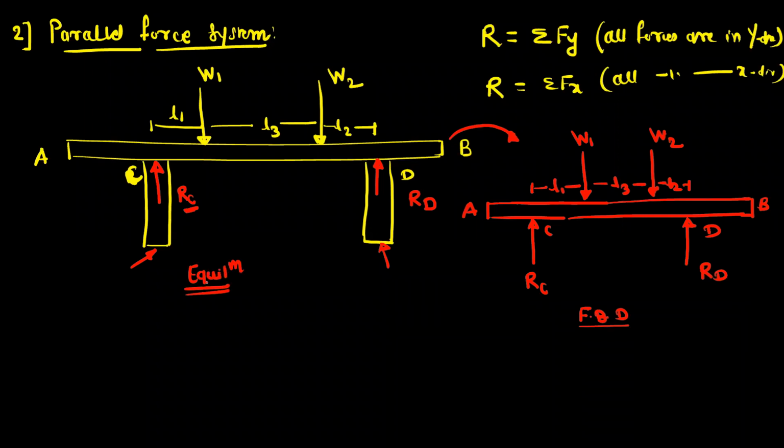Okay. So in order to maintain that equilibrium, we need to make this R equal to summation Fy equal to 0. So the basic concept of equilibrium is that the resultant has to be 0. So if the resultant is 0, then this summation Fy must be 0.